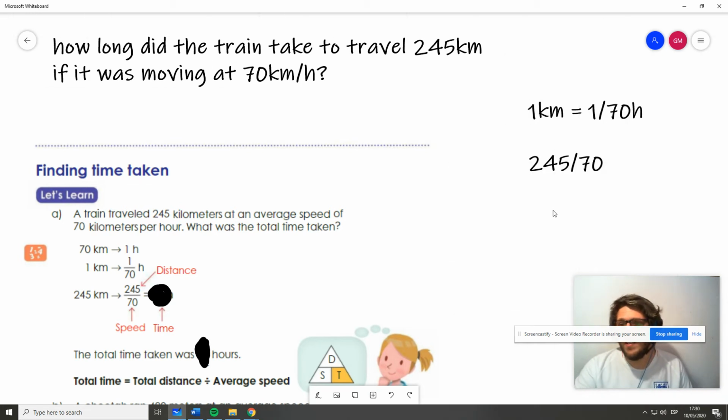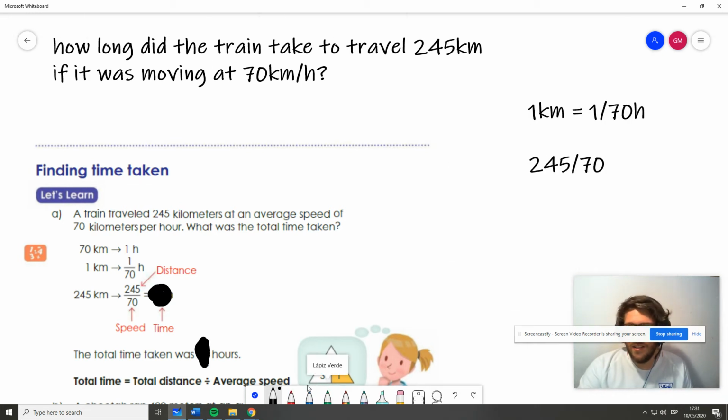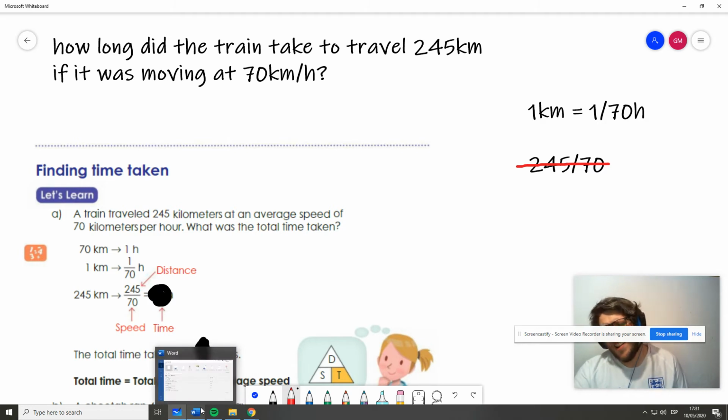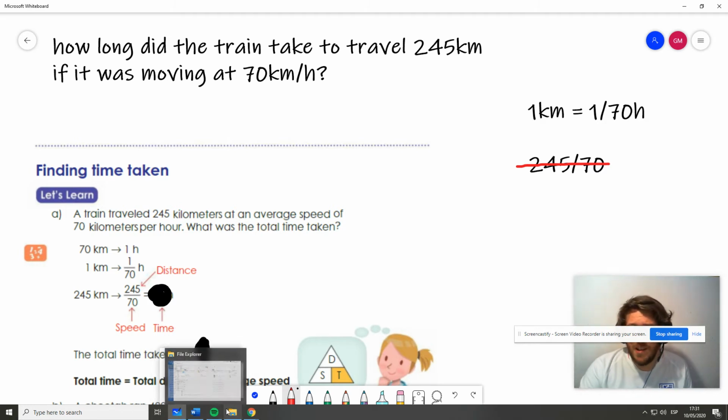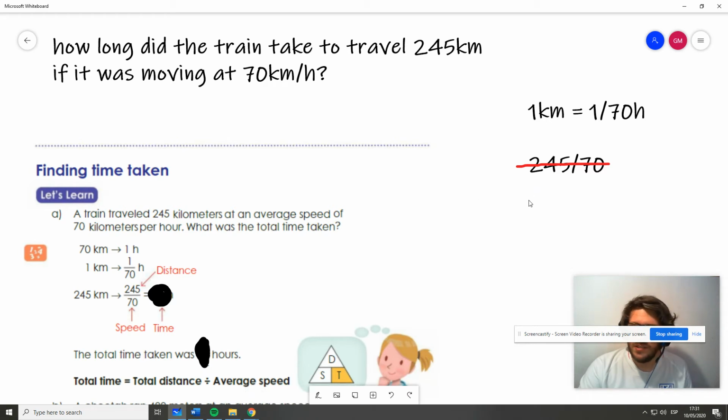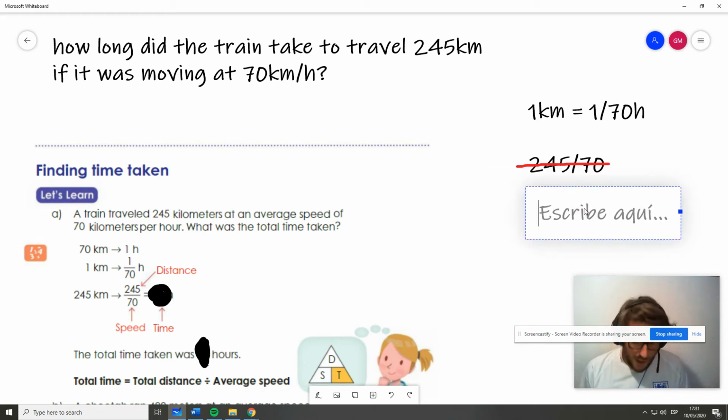Now, obviously, this is an improper fraction. So the first thing I need to do is... well, should I turn it into a proper fraction first, or should I simplify it? I'm going to simplify it. So let's see, 245. Oh, I know.